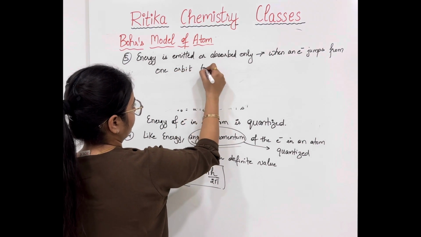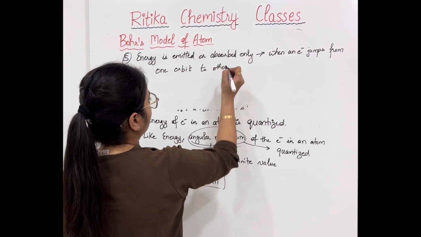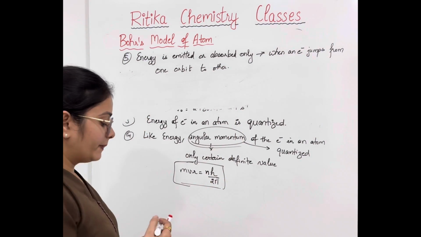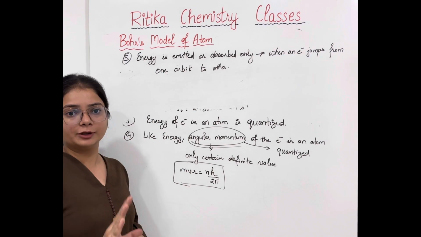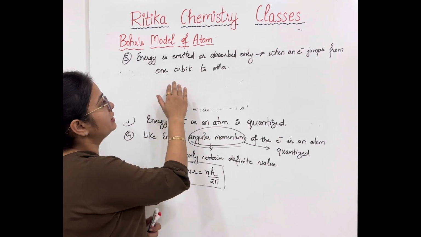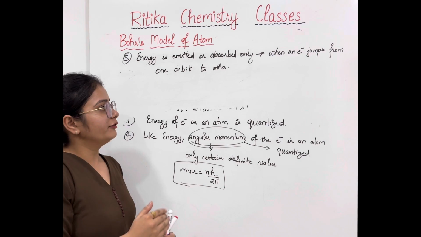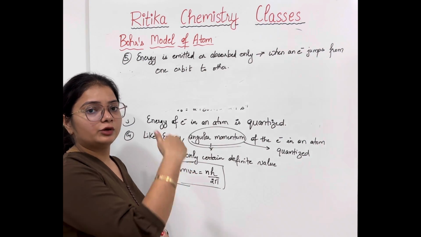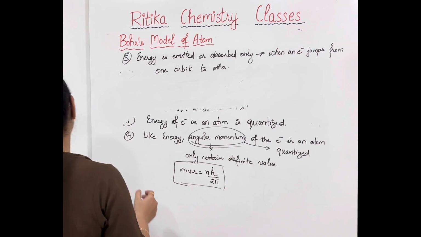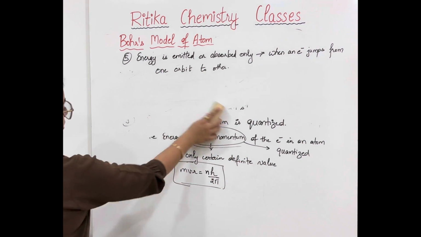So according to this postulate, the energy of electron in any particular orbit will be constant. But energy is emitted or absorbed only when an electron makes a jump from one energy level to other energy level. Let us explain this postulate.